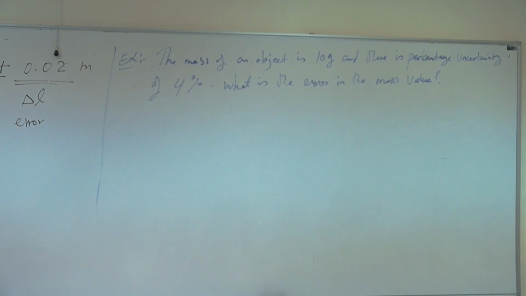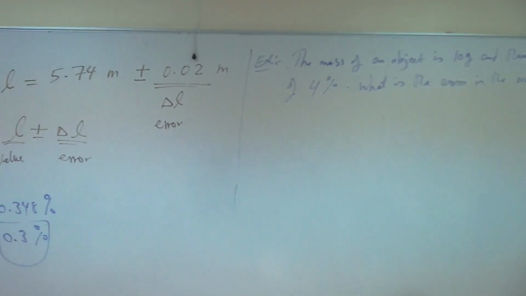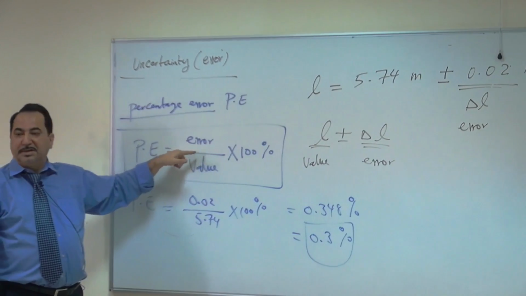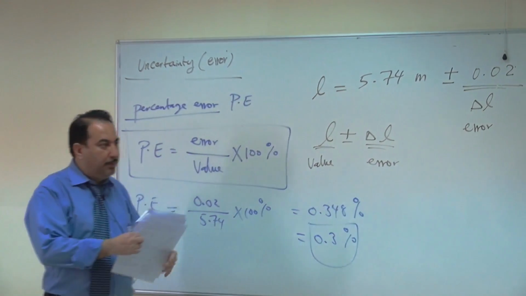This is your equation, yeah? What is given? Percentage error and? What is unknown? So put here X, the unknown.